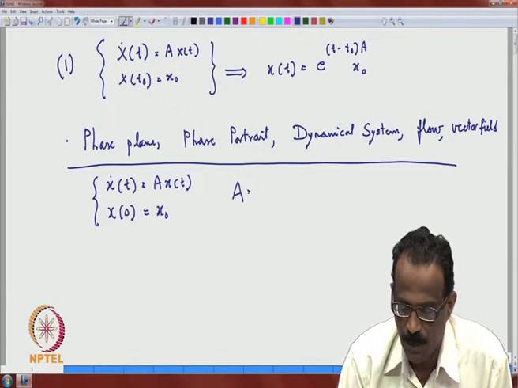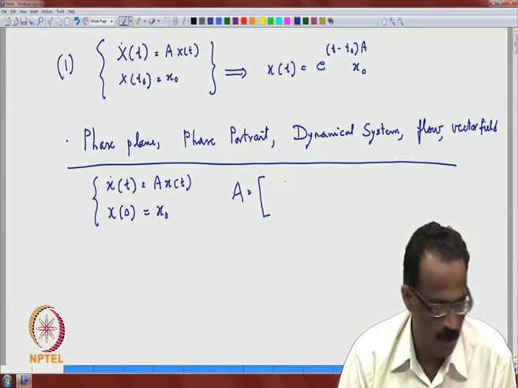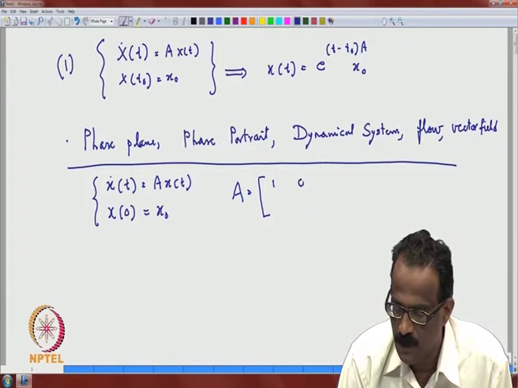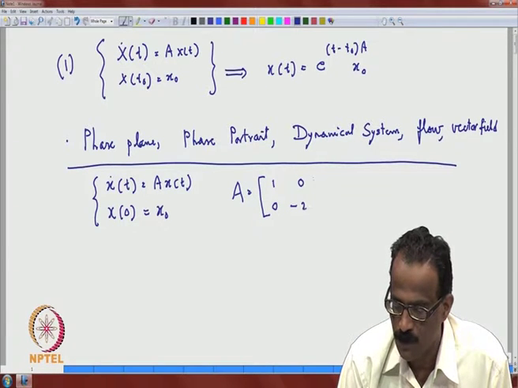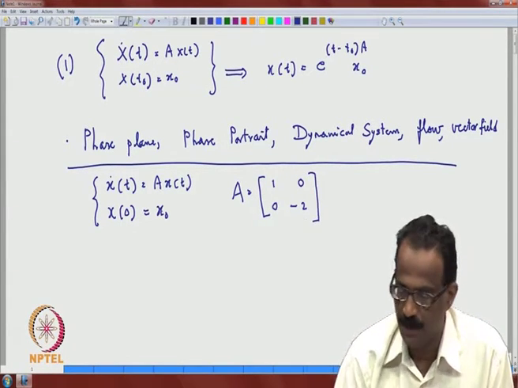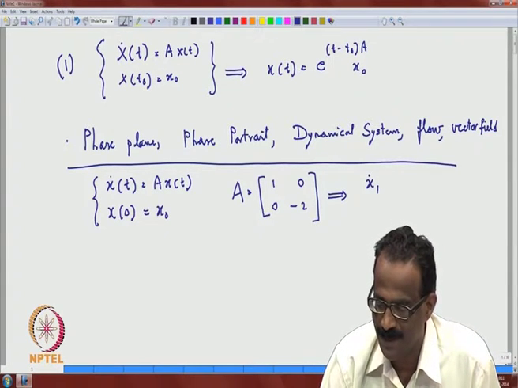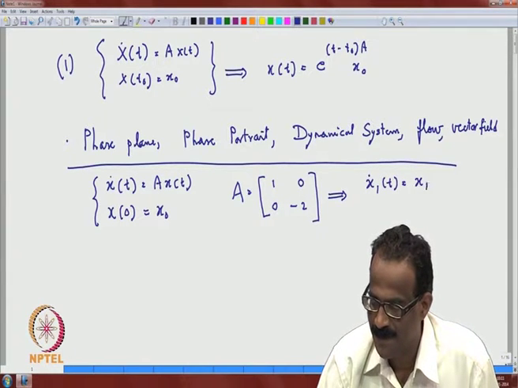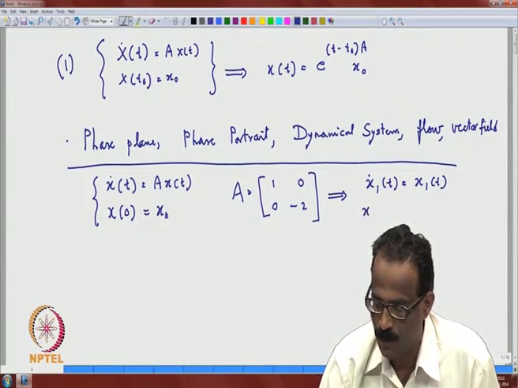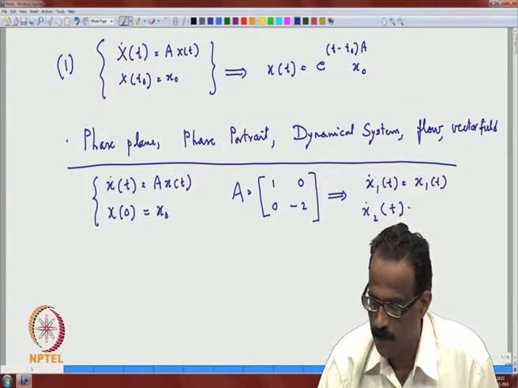I am taking A to be a diagonal matrix of the form 1, 0, 0, minus 2. So, this is a decoupled system. This system is nothing but x1 dot of t is equal to x1 of t and x2 dot of t is equal to minus 2 x2.